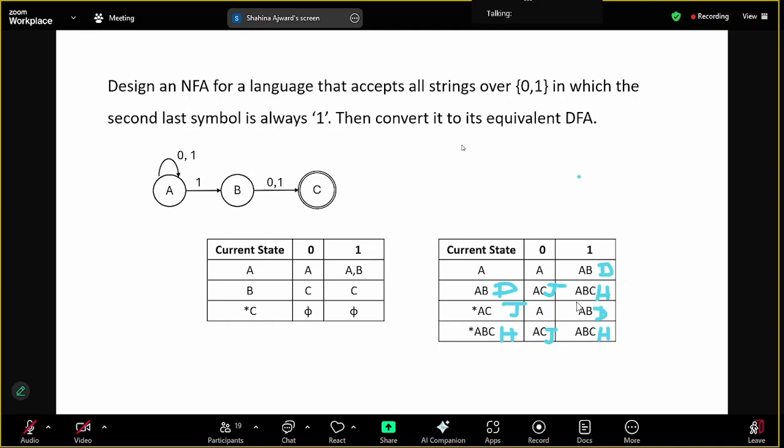So how do we determine whether we need a self transition or not?